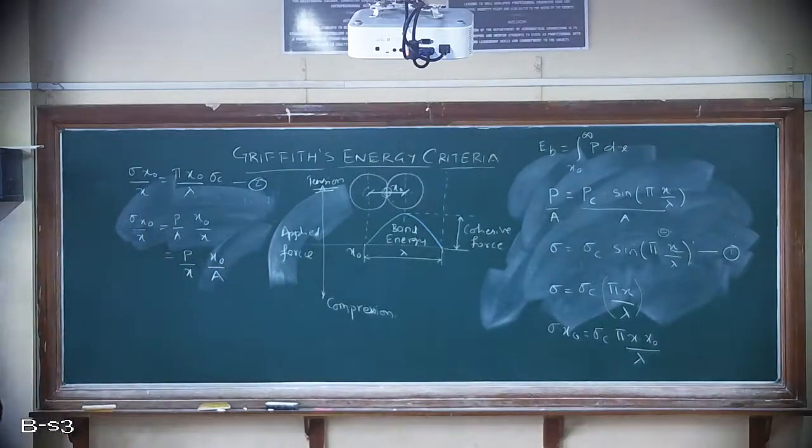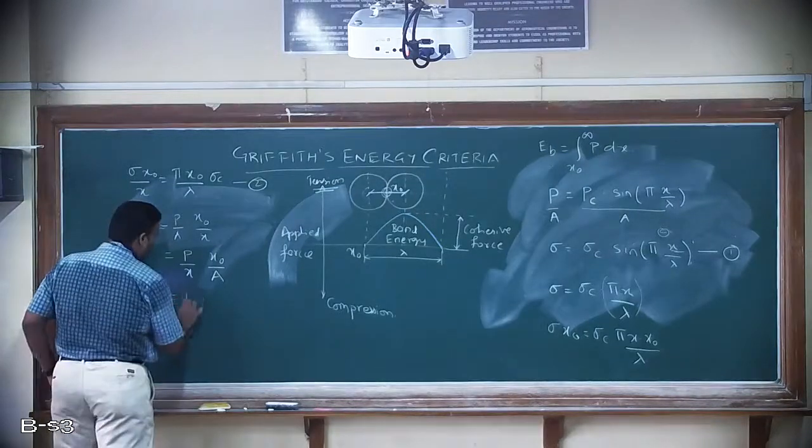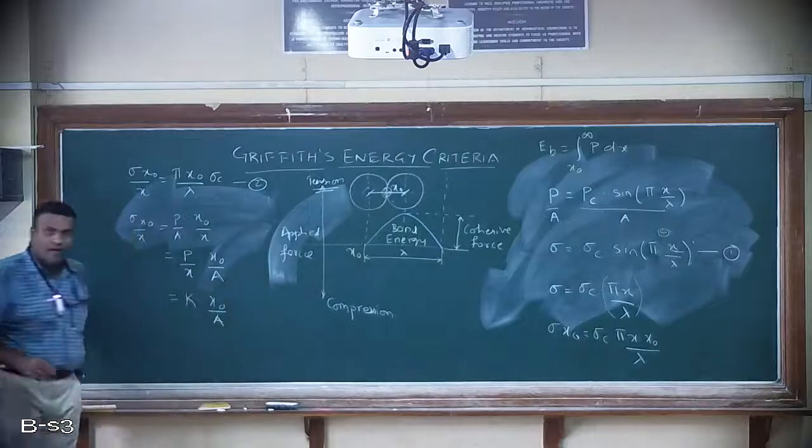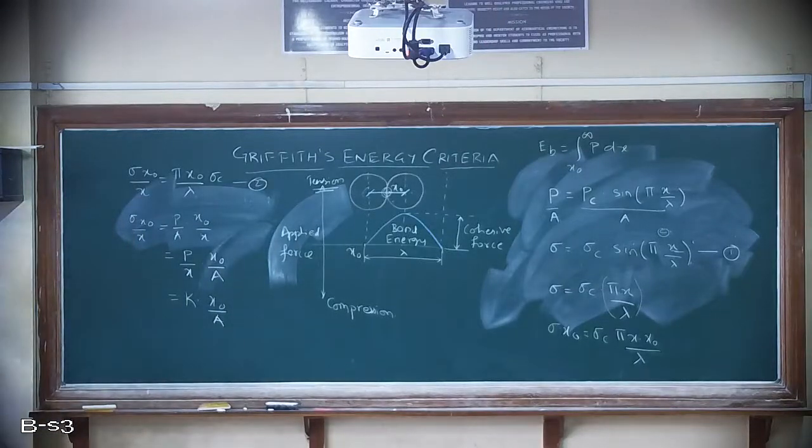Now if you see, what is load divided by length? That is P by the distance x. This becomes k, which we call the stiffness of this material. Load by length is nothing but the stiffness of the material.